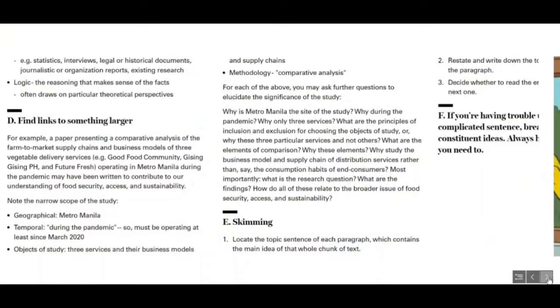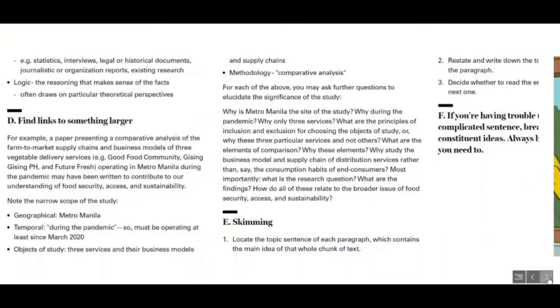So as I wrote here in this presentation, some further questions that you can consider: why is Metro Manila the site of the study? Why during the pandemic? Why only 3 services? What are the principles of inclusion and exclusion for choosing the objects of study? Or why did you choose these particular services and not other forms of services? What are the elements of comparison?